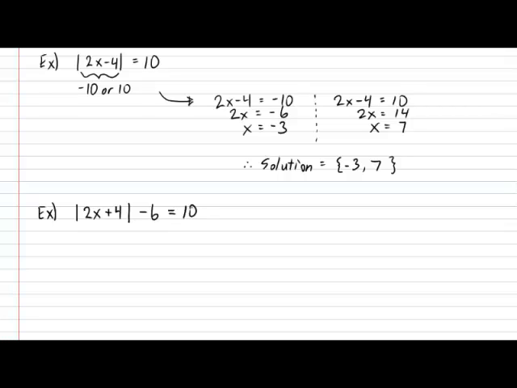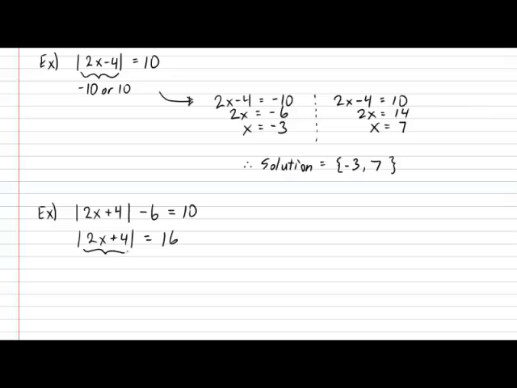Alright, let's see how you guys did. So even before thinking about the 2x plus 4, I'm going to move the minus 6 over to the right. So this will give me absolute value of 2x plus 4 is equal to 10 plus 6, which is 16. And now I can think about the 2x plus 4. So what does 2x plus 4 have to be so that the absolute value of all that gives you 16?